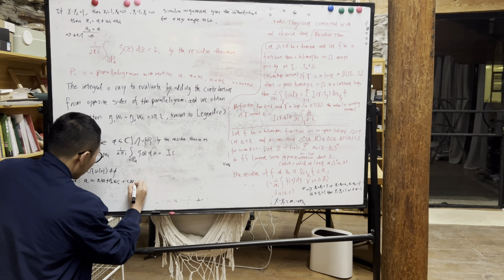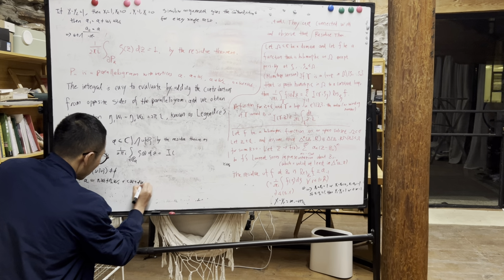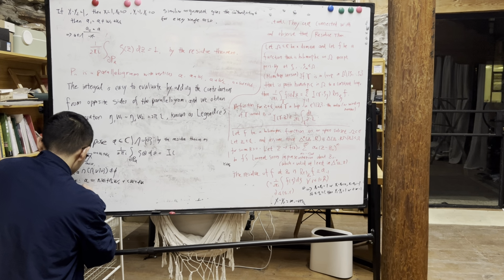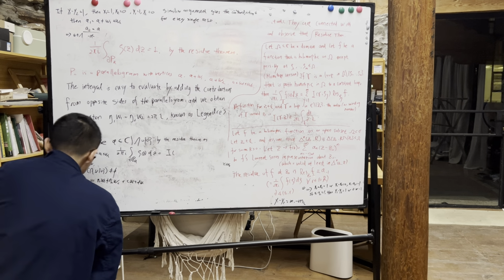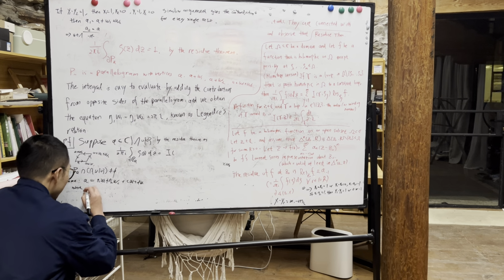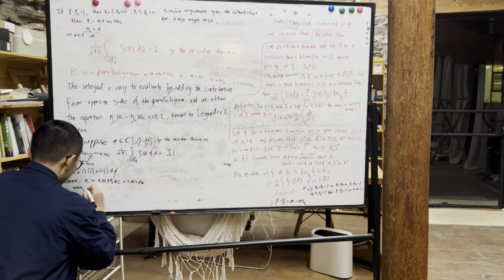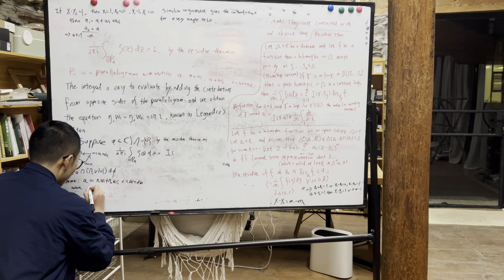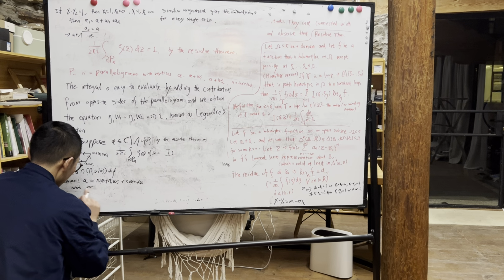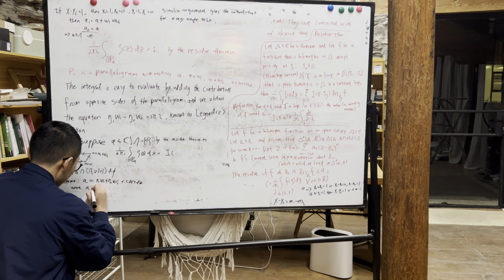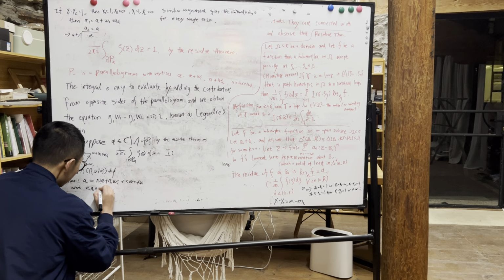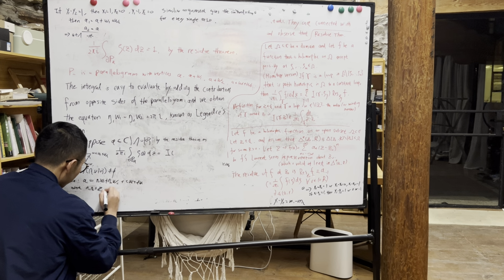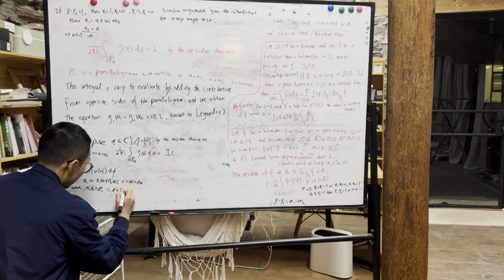So c omega 1 plus d omega 2, where n1, n2 are integers, and c, d are between 0 and 1. I think it's very obvious.